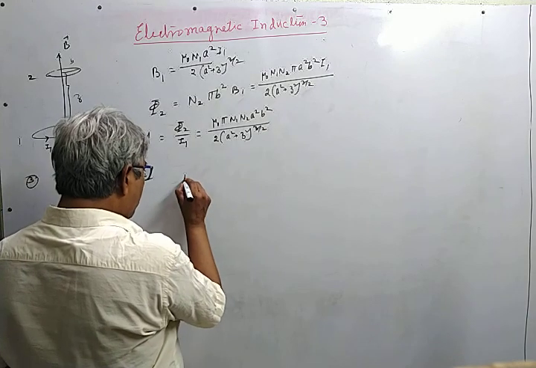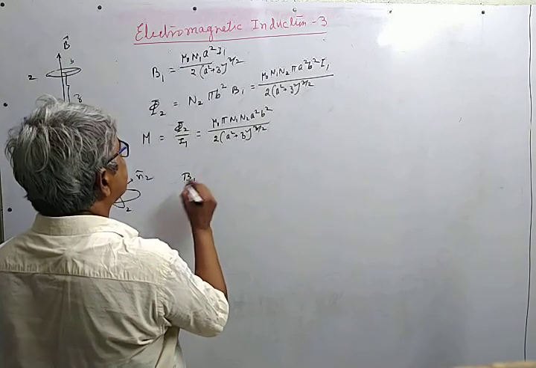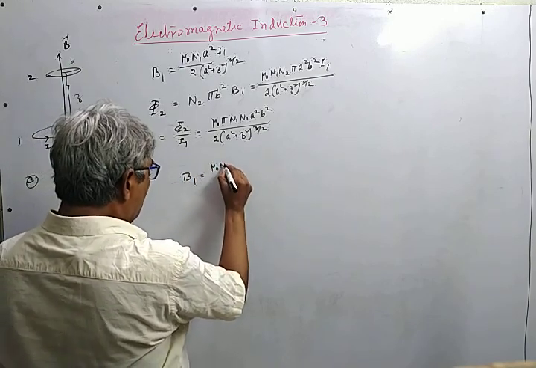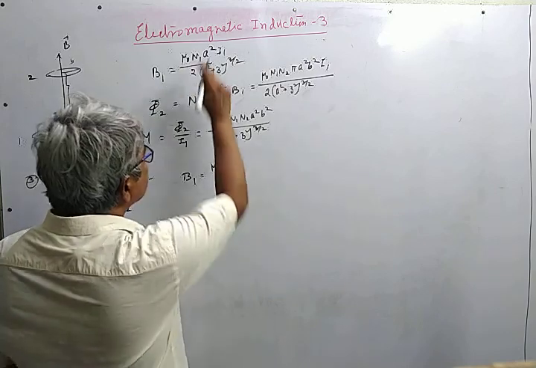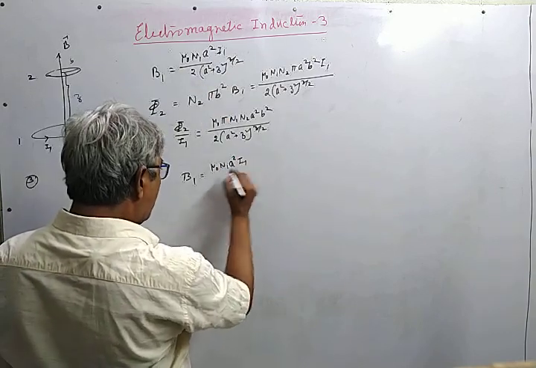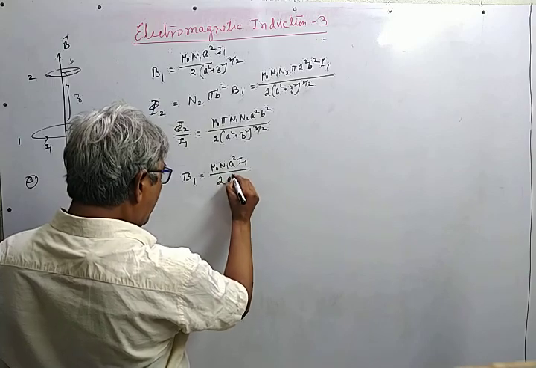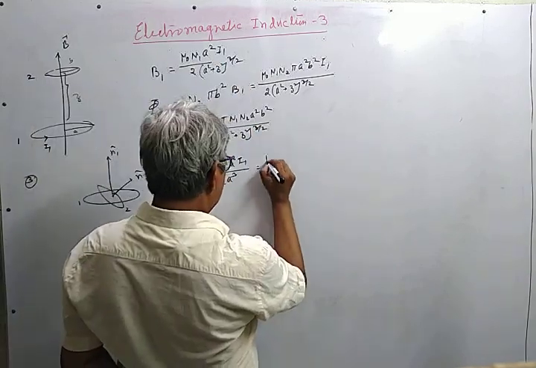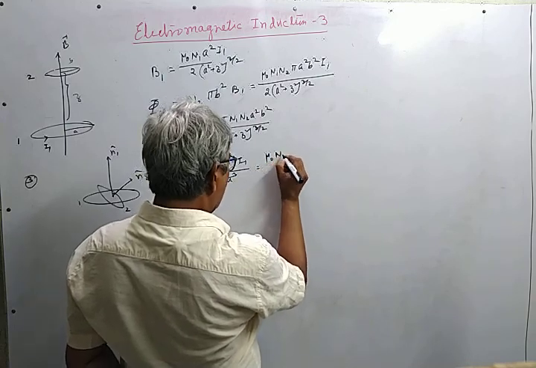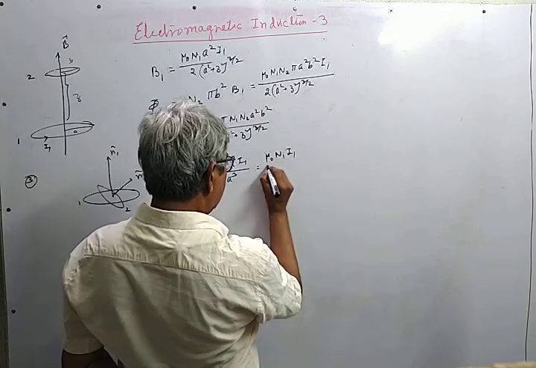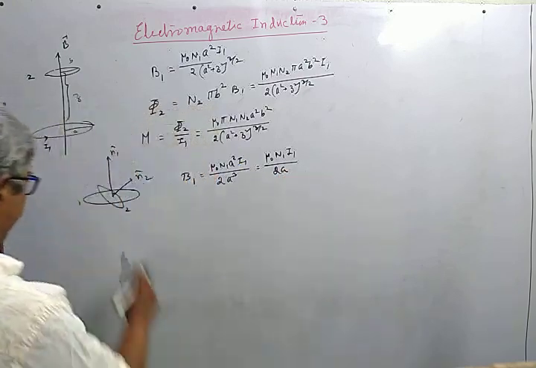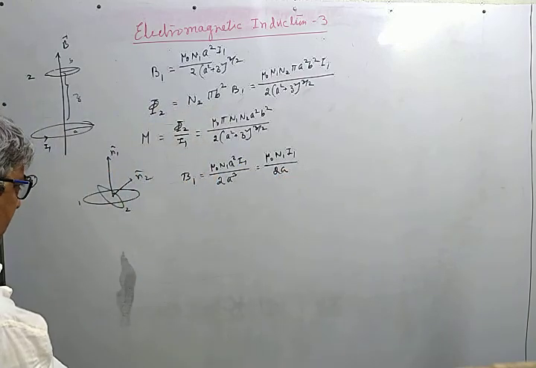B1 in this case is the field due to coil 1, mu 0 N1 A square I1 by 2 a cube, because z is equal to 0. So this is mu 0 N1 I1 by 2a. This is the field, and the field is along n1 cap.